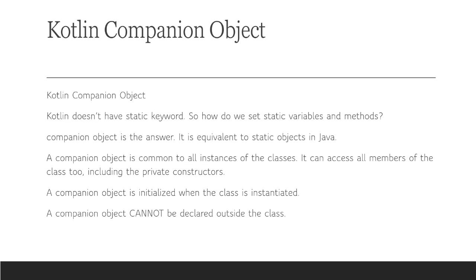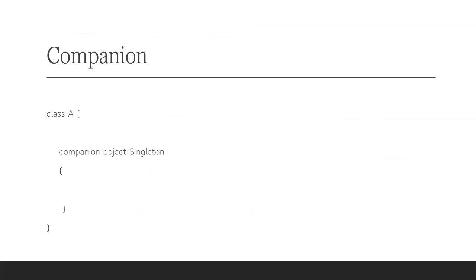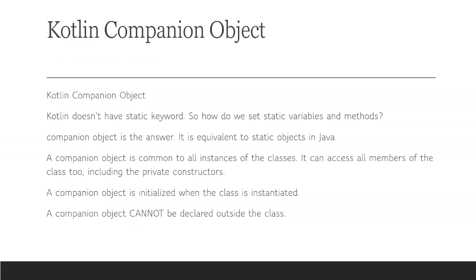So how do we set the variable? We can use that companion object for every answer. First we'll do a simple practical session, and then we come back here and see whether these points worked on your companion object in practice. We'll discuss all these points and do some practical on that.